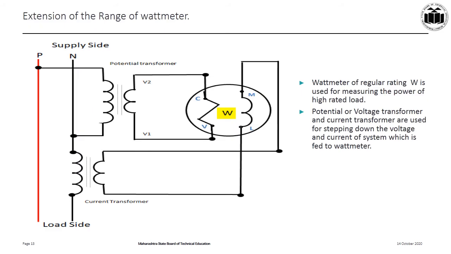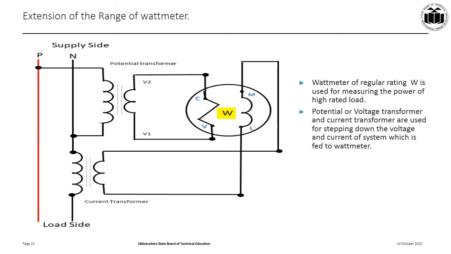Sometimes it is needed to measure the power at higher ratings of voltage and current by using the regular wattmeter. So by using the current transformer and potential transformer, which step down the value of system voltage and current taken by the load to a suitable value capable of being handled by the wattmeter, as shown in this figure.